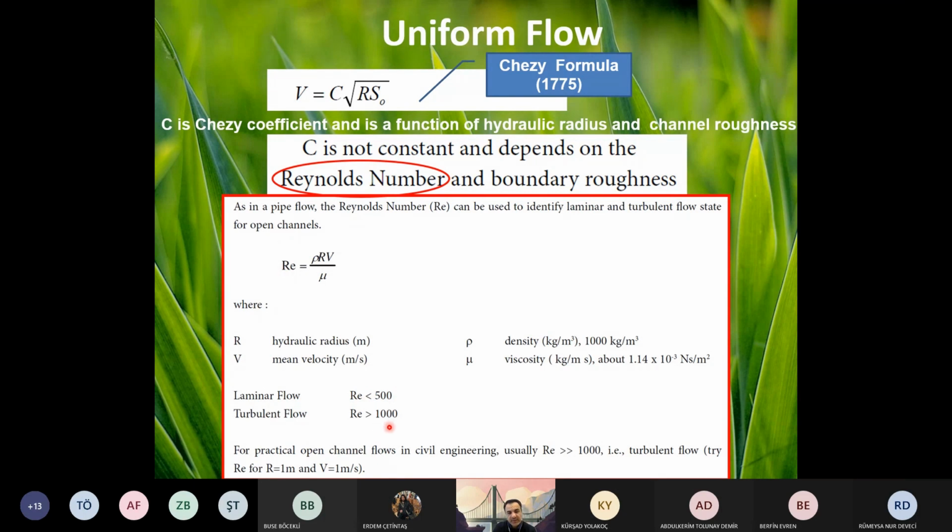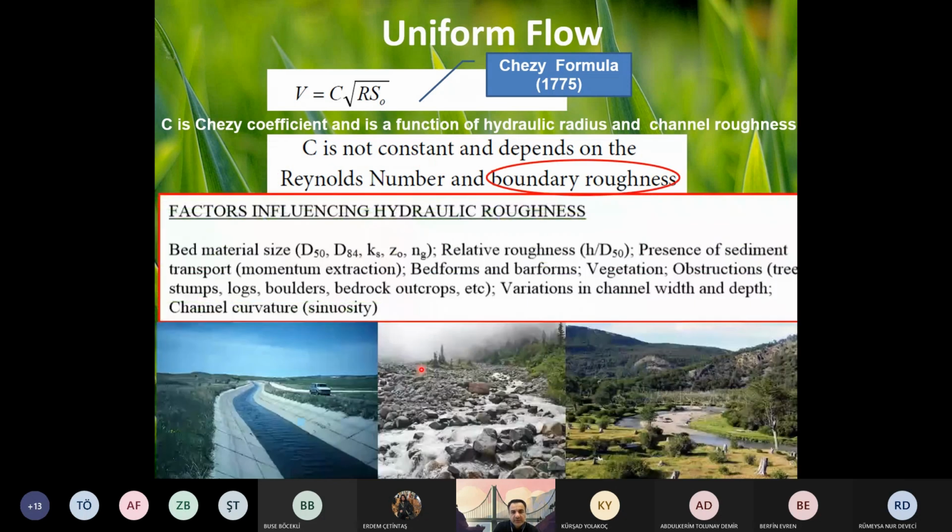If higher than 1000, it is turbulent flow. But anyway, these definitions are not useful in practice, because in natural channels we always have turbulent flow. Laminar flow cannot be found in natural channels in practice.